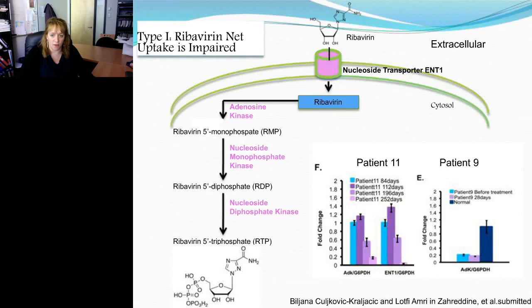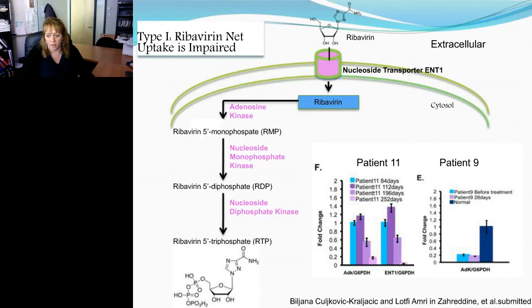In order to enter, ribavirin has to go through the ENT1 transporter to cross into the cell. And then ribavirin has a very important step where it has to be phosphorylated to become ribavirin monophosphate, and this is through adenosine kinase. And then multiple kinases can act for the ultimate conversion of ribavirin to ribavirin triphosphate, which is its active form.